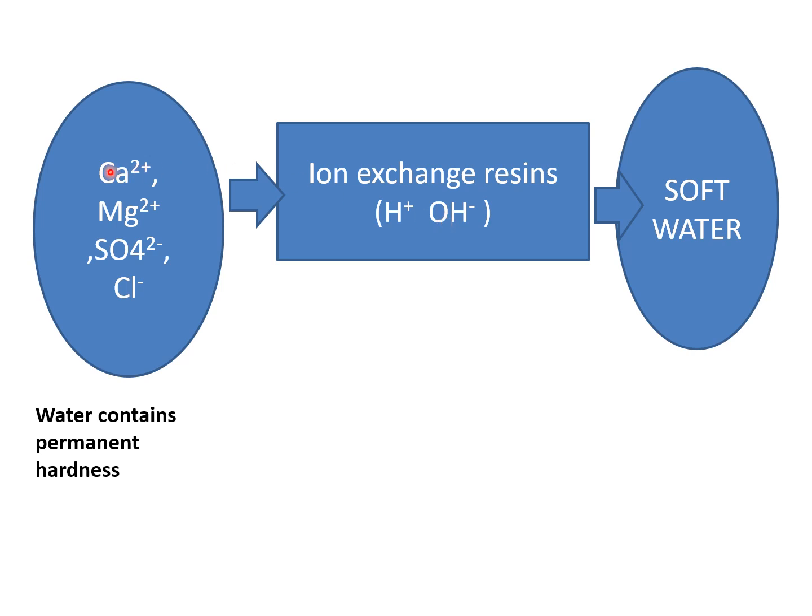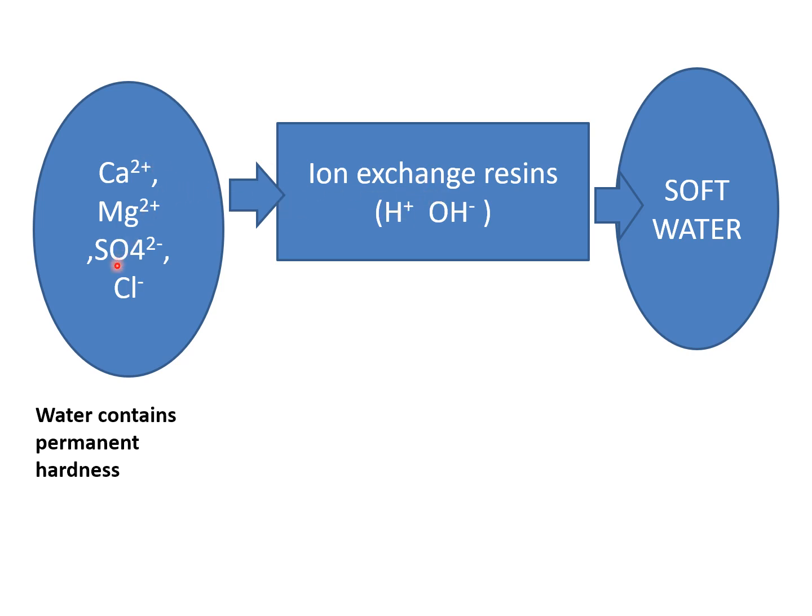When we pass this hard water through the ion exchange resins, all the cations present in hard water, that is calcium 2 plus and magnesium 2 plus, exchange with the H plus ions present in the ion exchange resin. That means calcium 2 plus and magnesium 2 plus are trapped in the ion exchange resins, and the H plus ions are released into water. They exchange with each other.